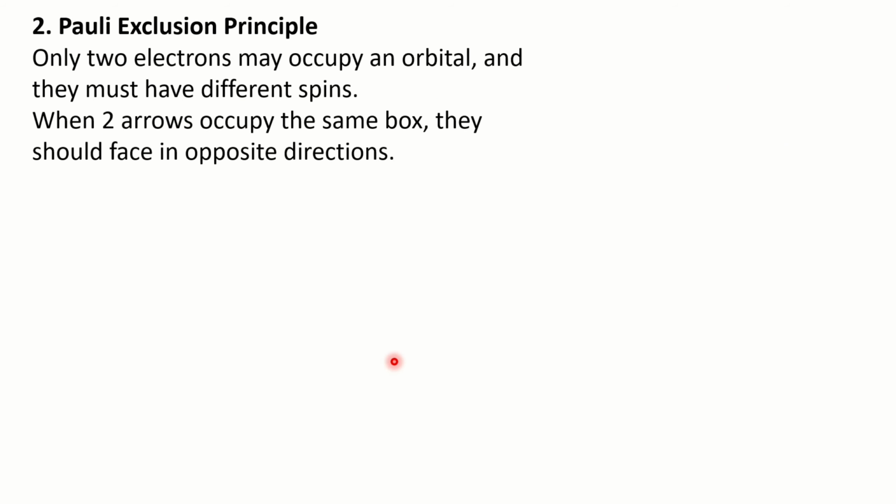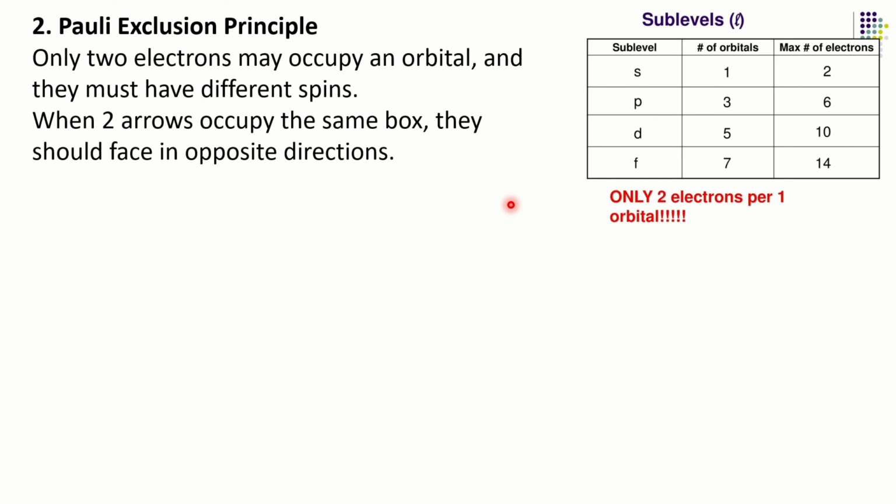Second rule, we have the Pauli exclusion principle. In the Pauli exclusion principle, only 2 electrons may occupy an orbital, and they must have different spins. We have here the table. In s sublevel, we have 1 orbital.